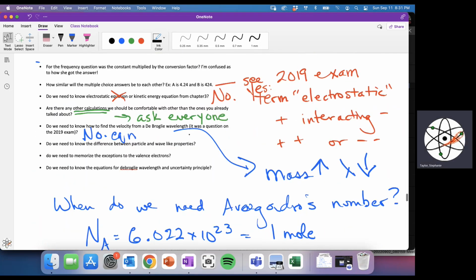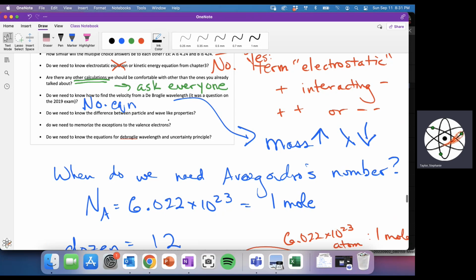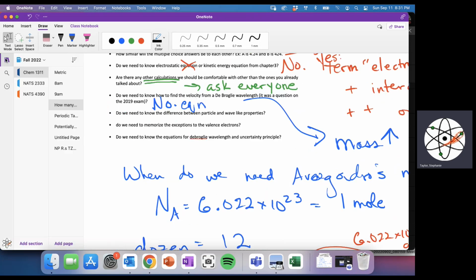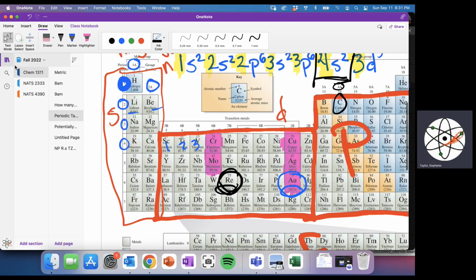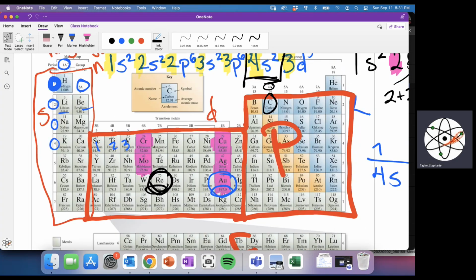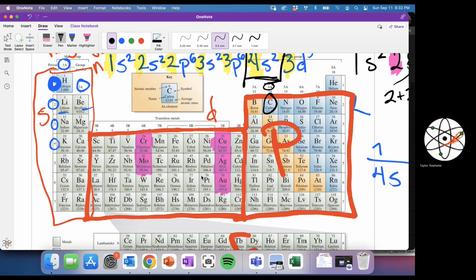Scrolling back up to my list of questions. Do we memorize the exceptions to the valence electrons? I assume that was when I was talking about these pink ones in the earlier thing. So as I mentioned, there were 5 exceptions to the electron configuration.